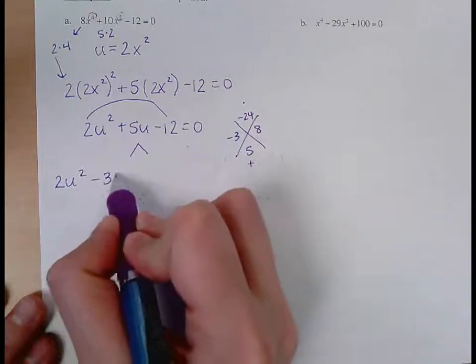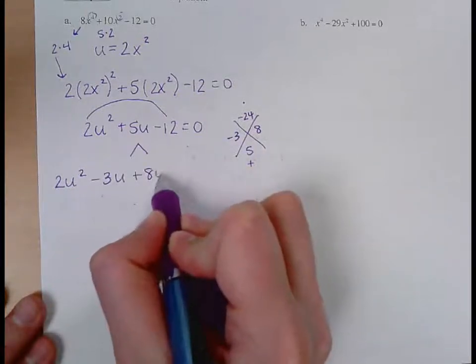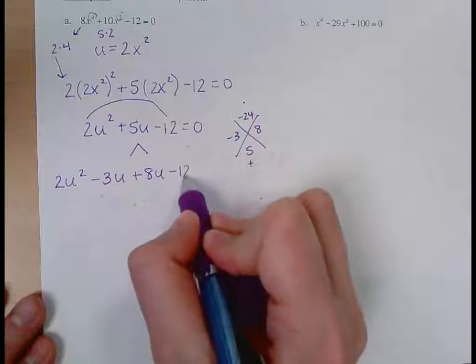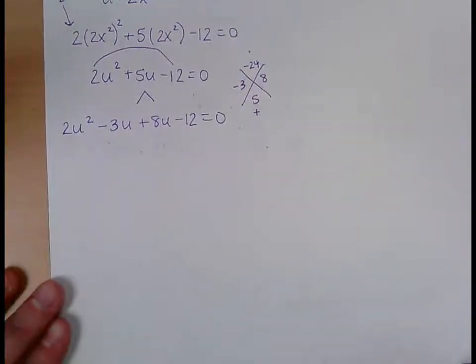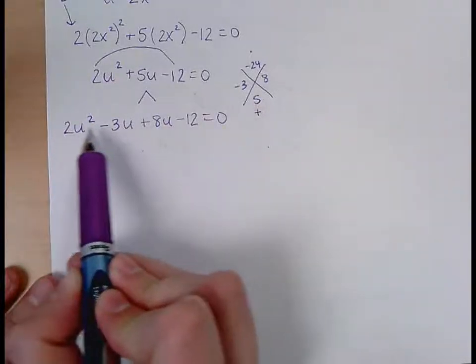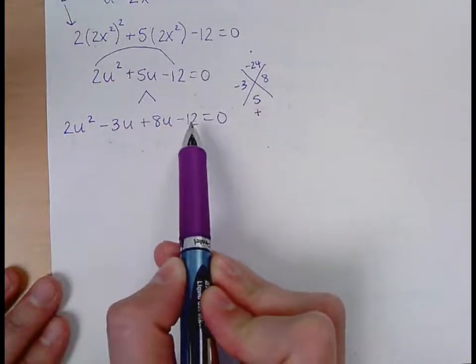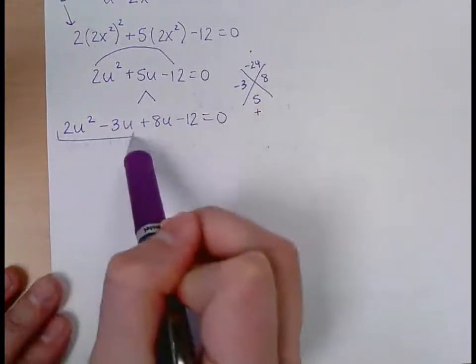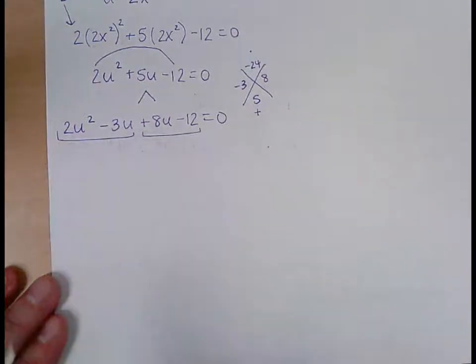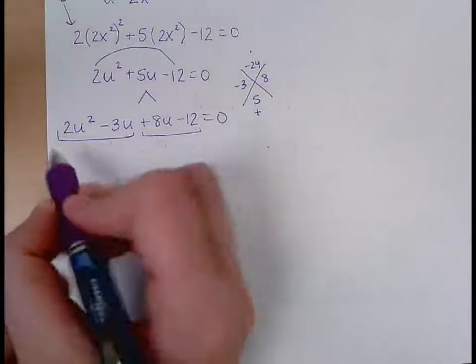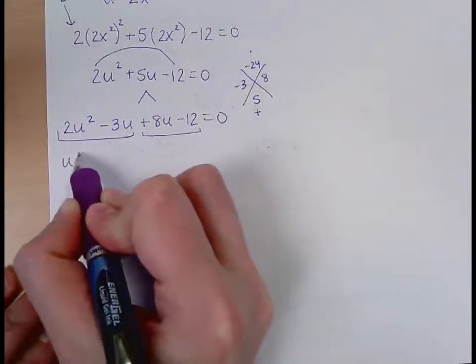So minus 3u plus 8u, and then keep the minus 12. And the equals 0, even though we're not solving yet. And then factor this by grouping. So if I group the first 2 terms, all they have in common is a u.